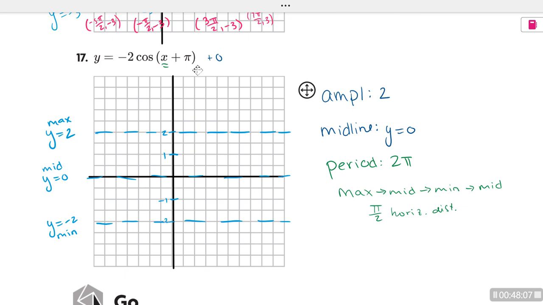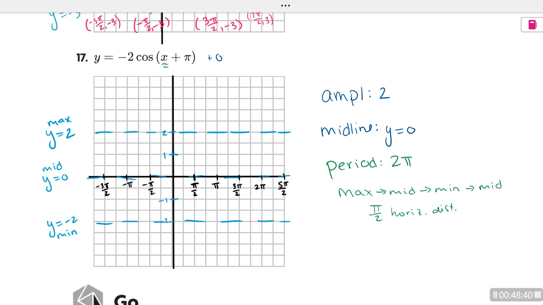So let's make this pi over 2, pi, 3 pi over 2, 2 pi, and then 5 pi over 2. So this is going to be negative pi over 2, negative pi, and negative 3 pi over 2.